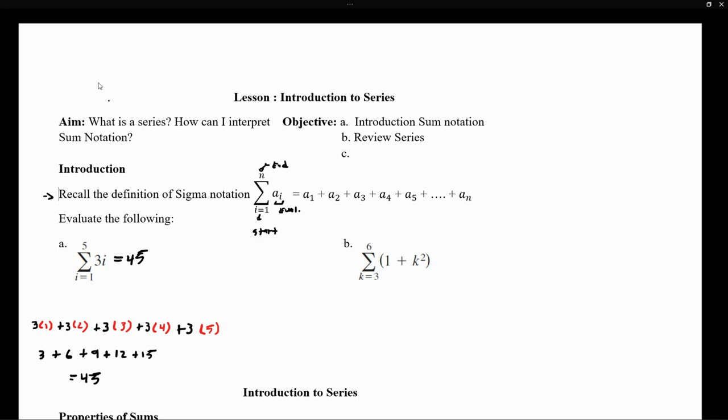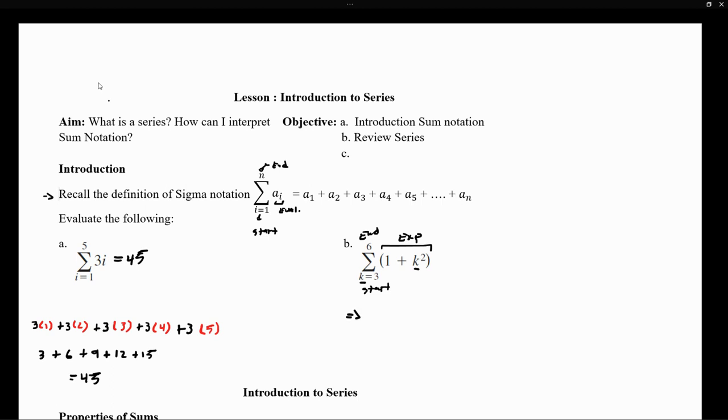Again, identify the variable that we're evaluating, which is k. Note that this is the whole expression that we're evaluating. We're going to start when k equals 3, and we're going to end when k equals 6. So let's sum.